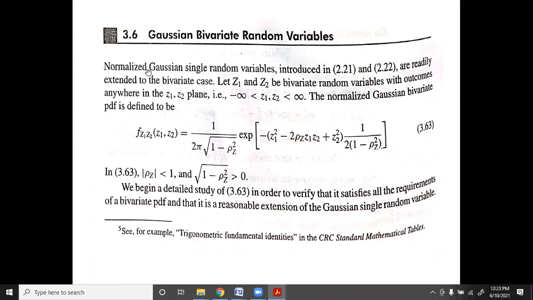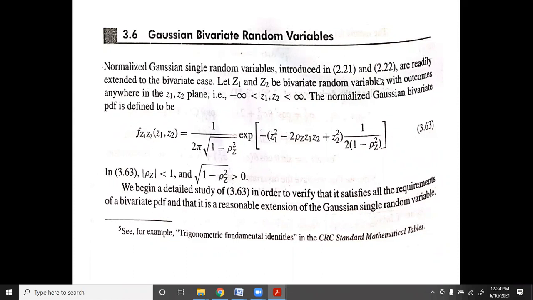This is a very important thing we should remember. So we have seen the normalized Gaussian random variable for a single random variable.